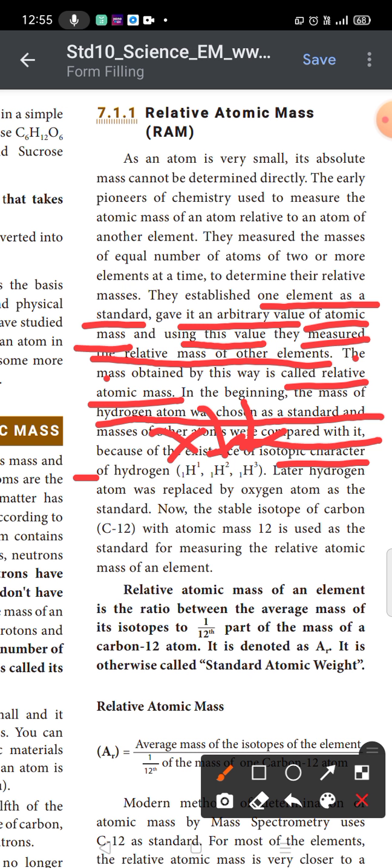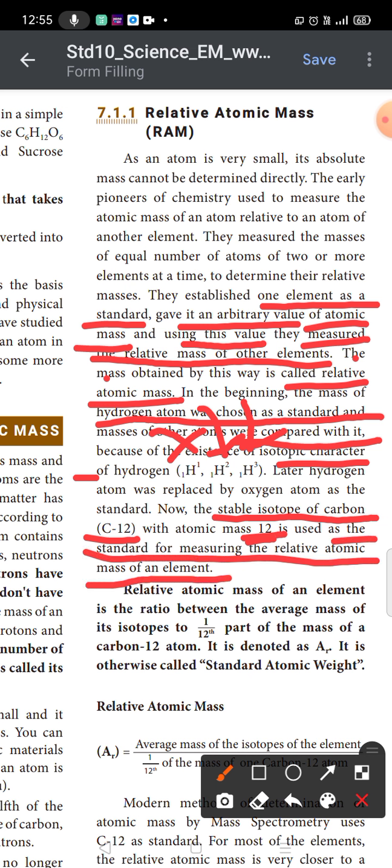Later, because of its isotopic character, the hydrogen atom was replaced by the oxygen atom as a standard. Now, the stable isotope carbon 12 with atomic mass 12 is used as the standard for measuring the relative atomic mass of an element.